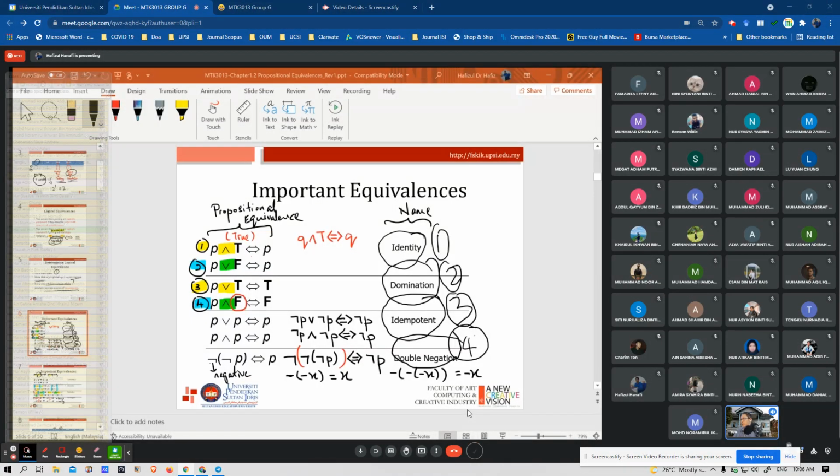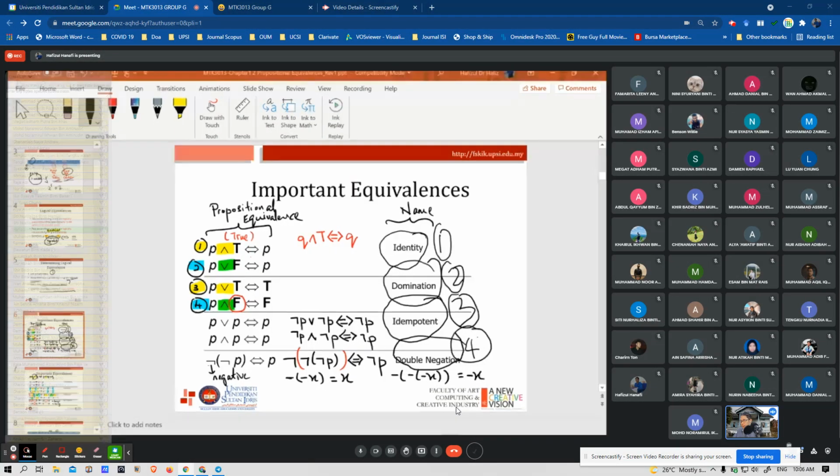For the domination law, we have here P or T and P and false. False and x is equivalent to F. If the first thing in an AND expression is false, then it doesn't matter whether the second thing is true or false.